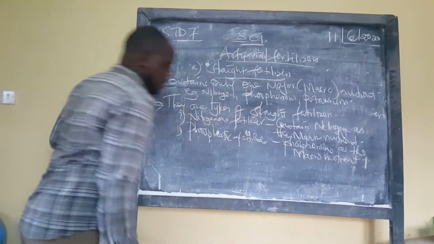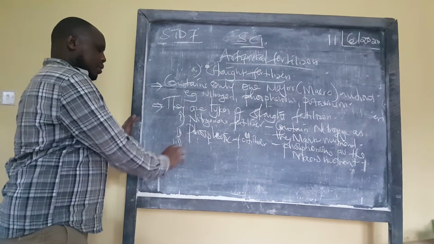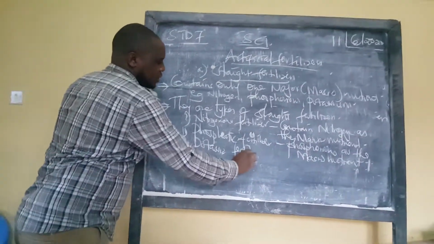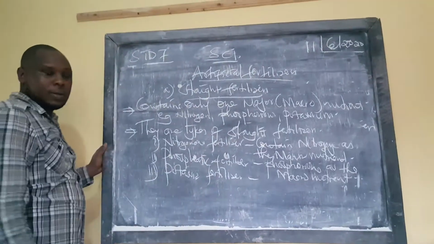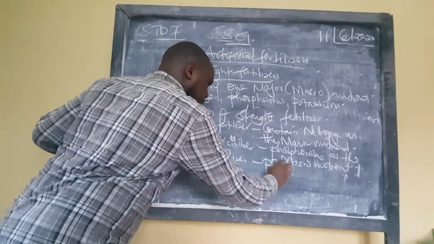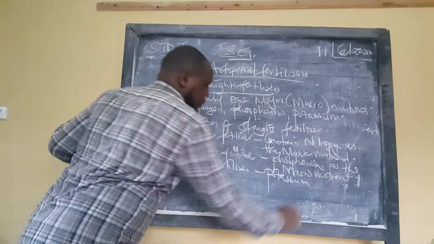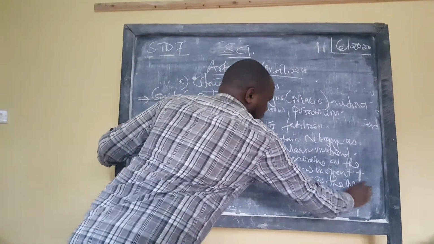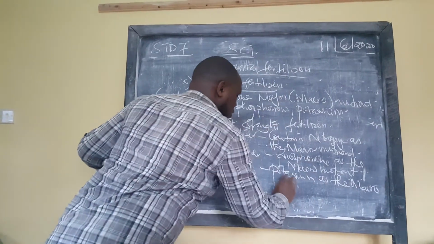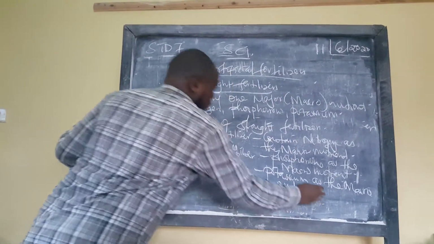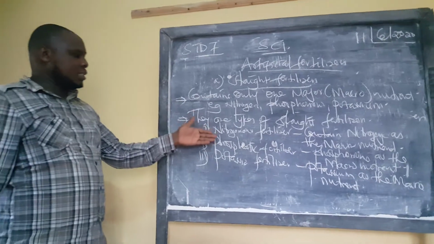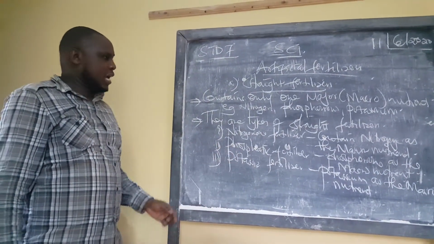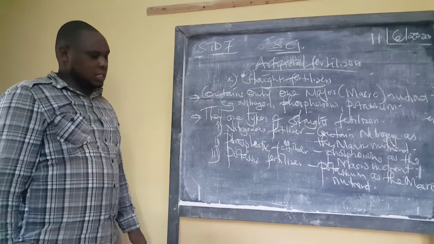And lastly, we have in this category potassic fertilizer, and this contains potassium as the macronutrient. So we have nitrogenous fertilizers, phosphatic fertilizers, and potassic fertilizers in the category of straight fertilizers.